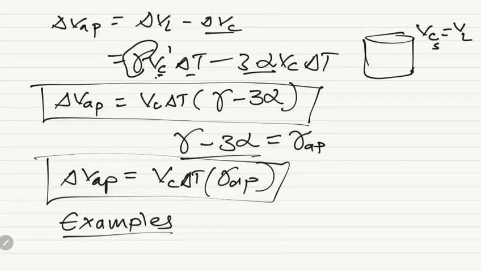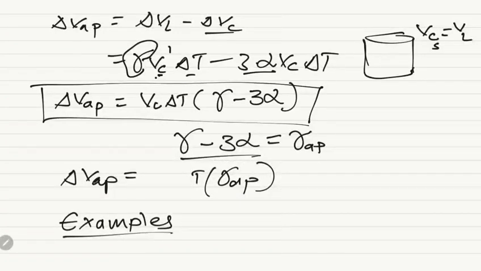So the change in volume apparent is equal to the volume at the colder temperature times the change in temperature times gamma, the coefficient of expansion for the liquid, minus the coefficient of expansion of the container.